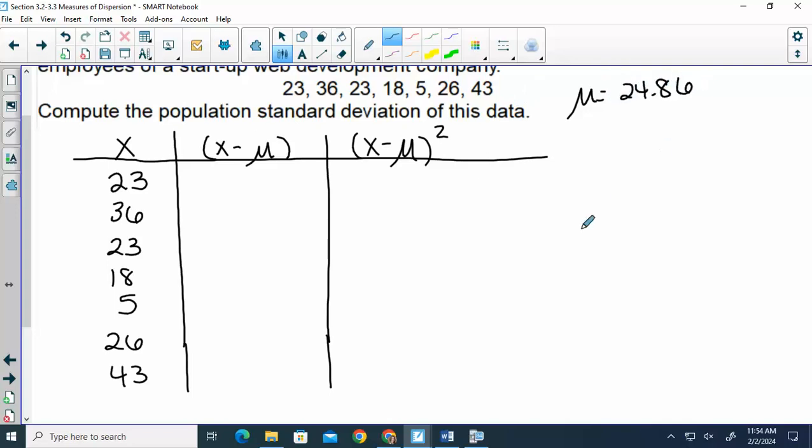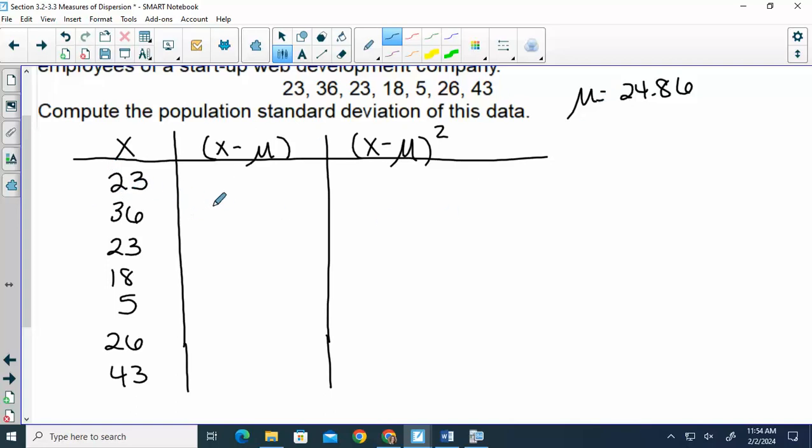Let's just round to 24.86. I do want to caution you, if you round too much on your mean, it will throw off your standard deviation. So you don't just want to round to 24.9. Rounding in general is kind of bad. It throws things off. So then we do our value minus the mean.